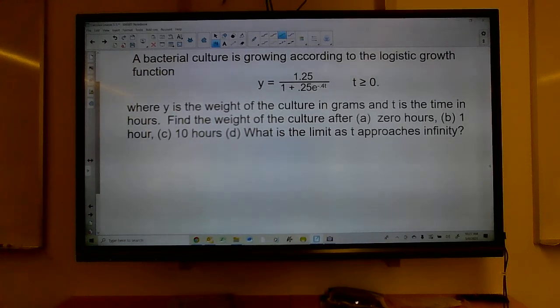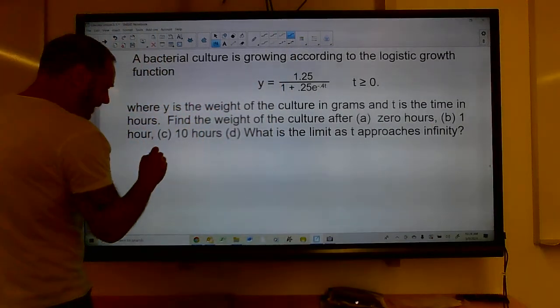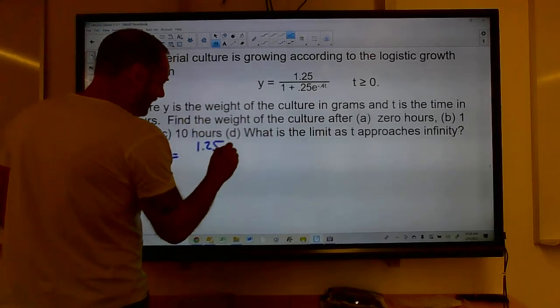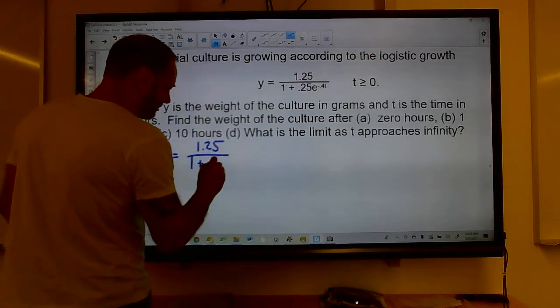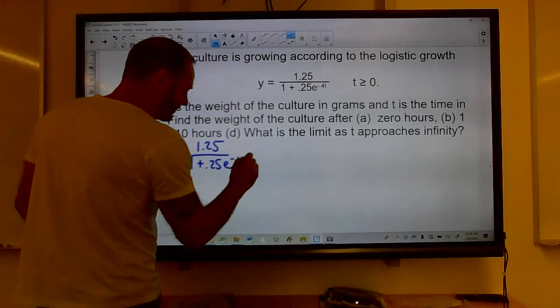Okay. So we're going to go ahead and plug in 0. So we'll call this y of 0. So that'd be 1.25 over 1 plus 0.25 e to the negative 0.4 times 0 power.